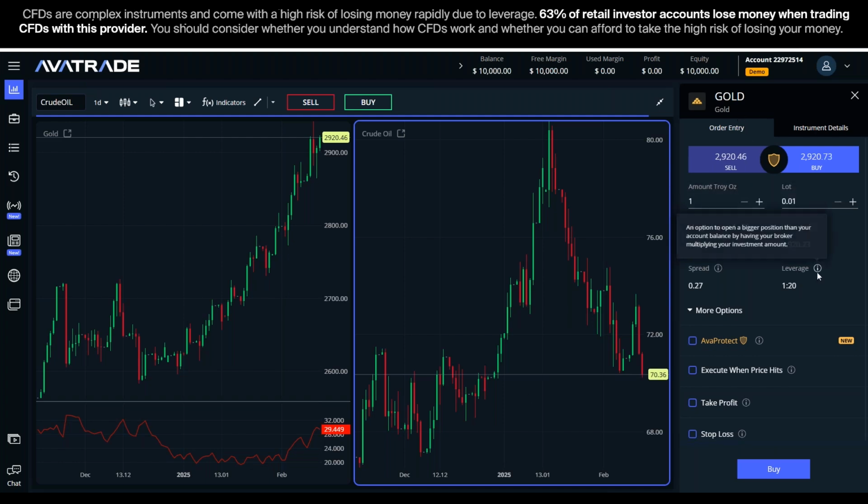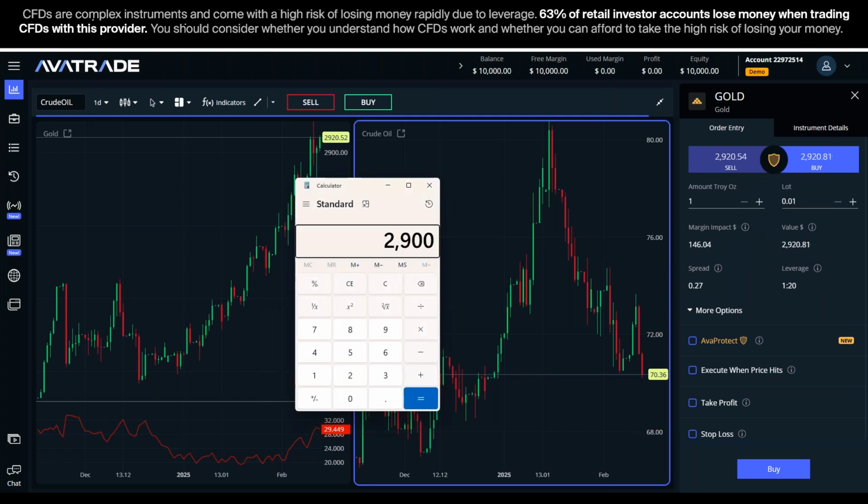So the value in here, as we've understood, is divided by 20 to give us the margin impact. Let's do it quickly together so we'll understand how it works. Okay, I've divided this number by 20 and therefore my margin impact. Okay, that's for 0.01 with gold.